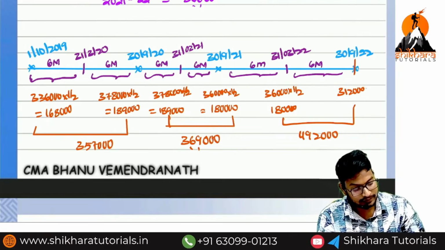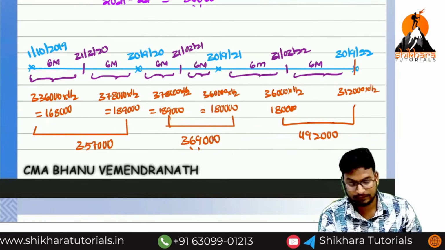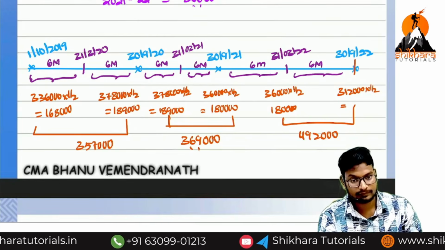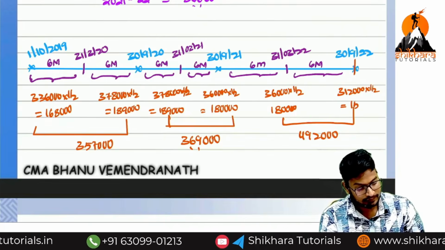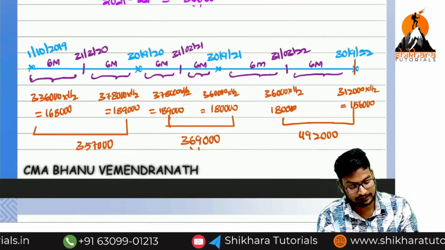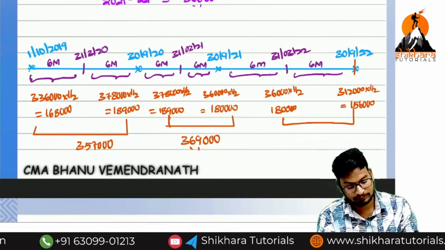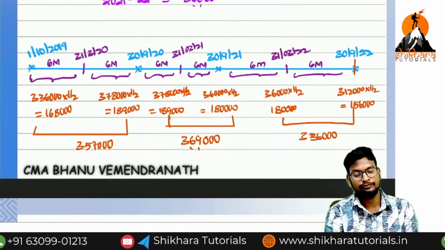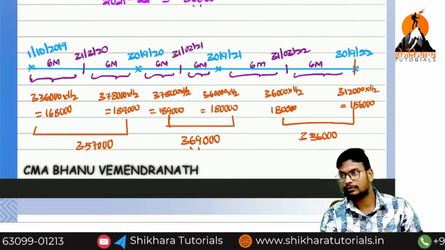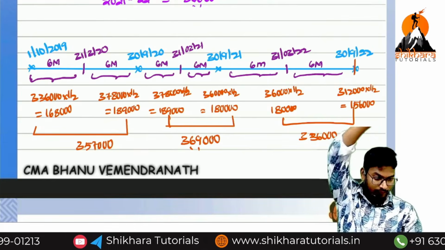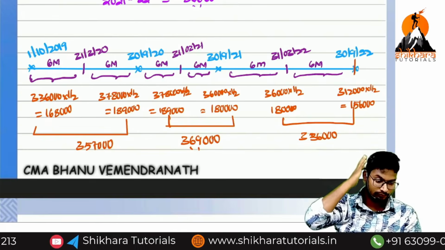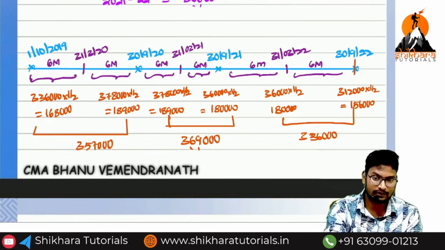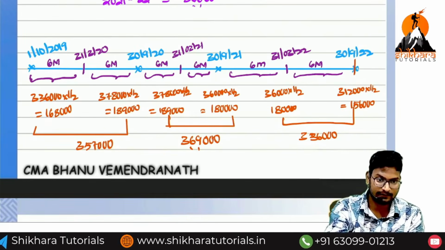This one is also divided by the whole year profit now. 1 by 2 means how much are we getting? 1,56,000. 1,56,000 plus 1,80,000, how much? Now this is also the whole year profit. Please take a note of it, guys. Once see the calculation.